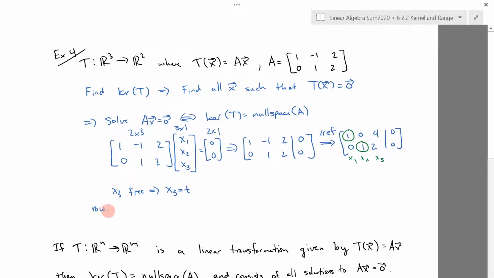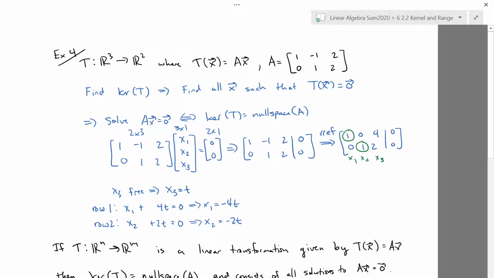And then what does row 1 say? Row 1 says that x1 plus 4t is equal to 0. And row 2 says that x2 plus 2t is equal to 0. So that means x1 is equal to minus 4t, and x2 is equal to minus 2t.